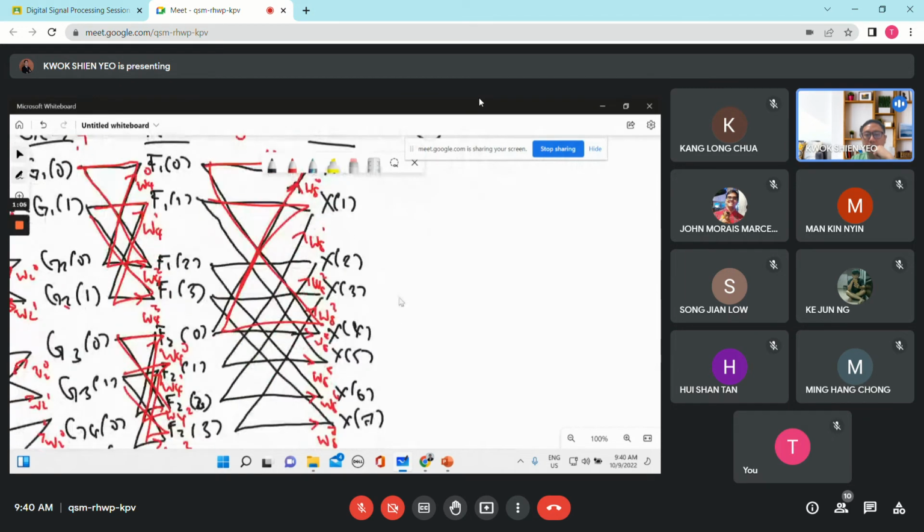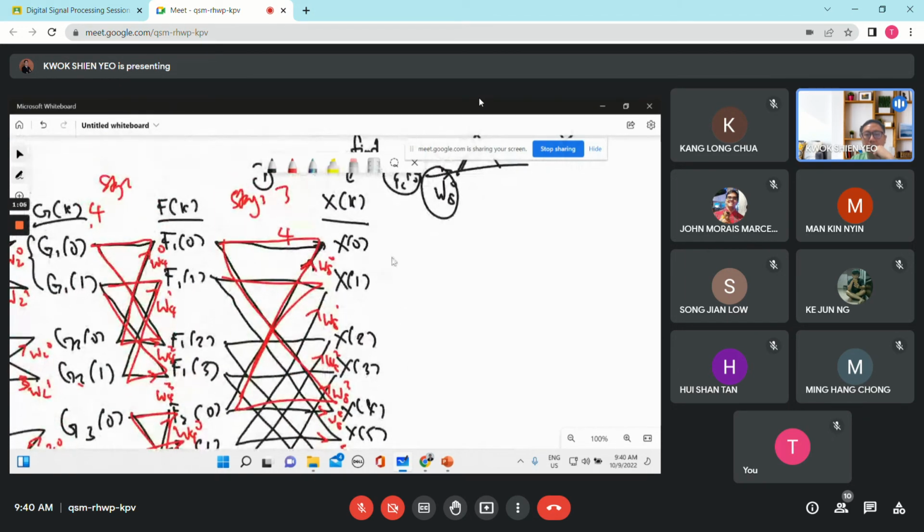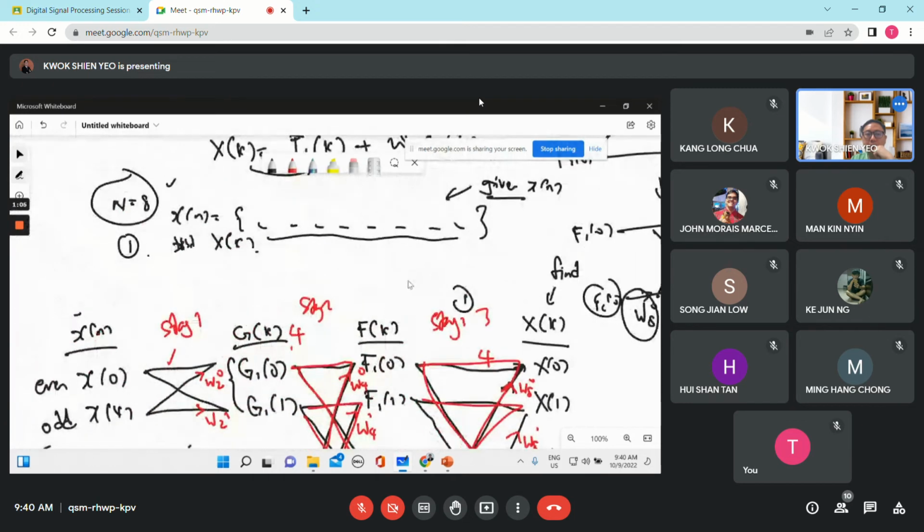The sequence is normal. And then because n equals to 8, you know that you would have 3 stages. Okay, so you have 3 stages, then you need to build this lah. Stage 1, stage 2, stage 3.